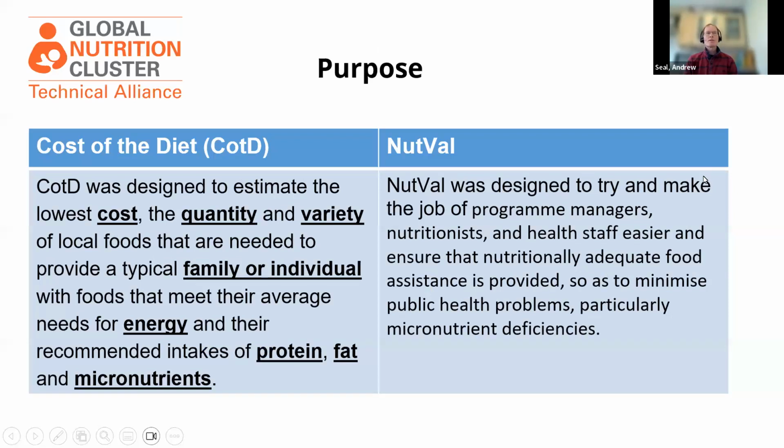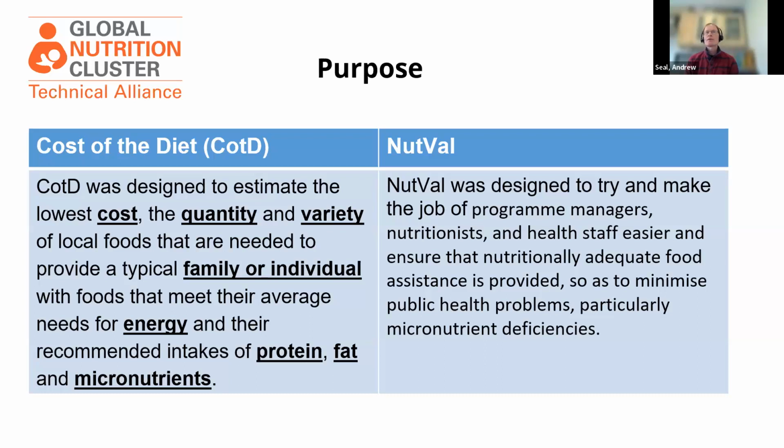The cost of the diet was designed with the aim to help estimate the lowest cost, the quantity and variety of local foods that are needed to provide a typical family or individual with foods that meet their nutritional needs, focusing on both macro and micronutrients. In a similar way, NutVal was designed to do that job, but in a more simple way.